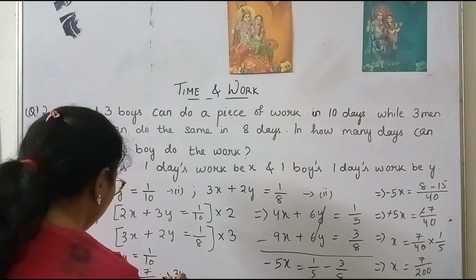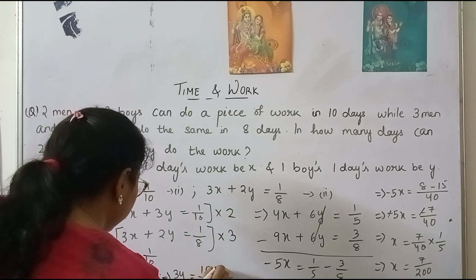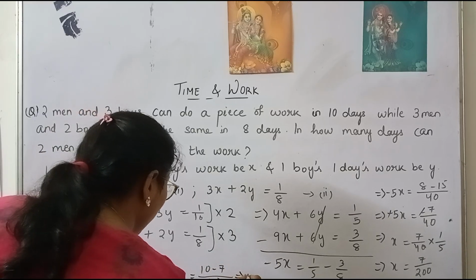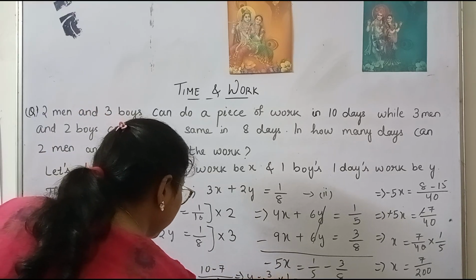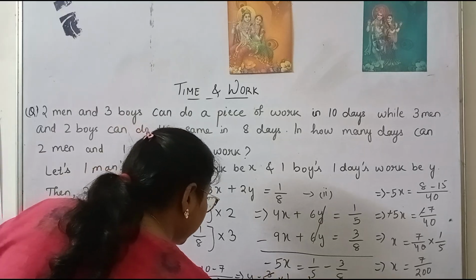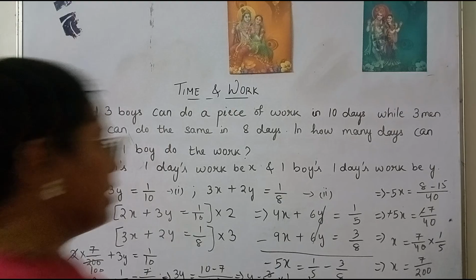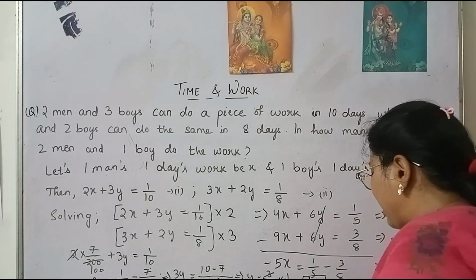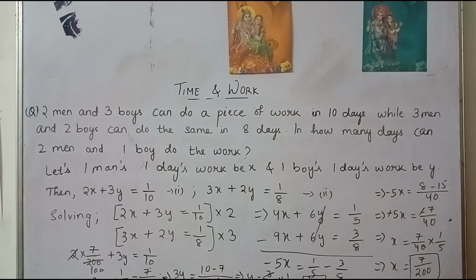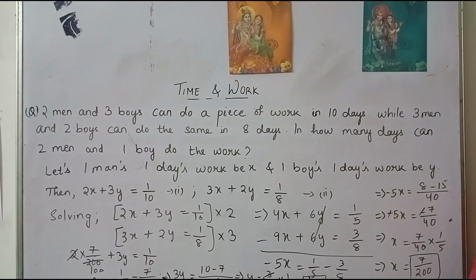So 3y is equal to 10 minus 7 by 100, that is 3 by 100. So y's value will be 3 by 100 into 1 by 3, that is equal to 1 by 100. So now I have x value that is 7 by 200 and y's value that is 1 by 100. Correct?